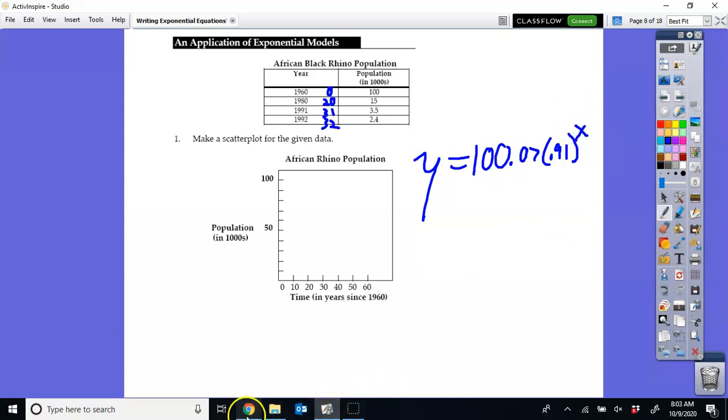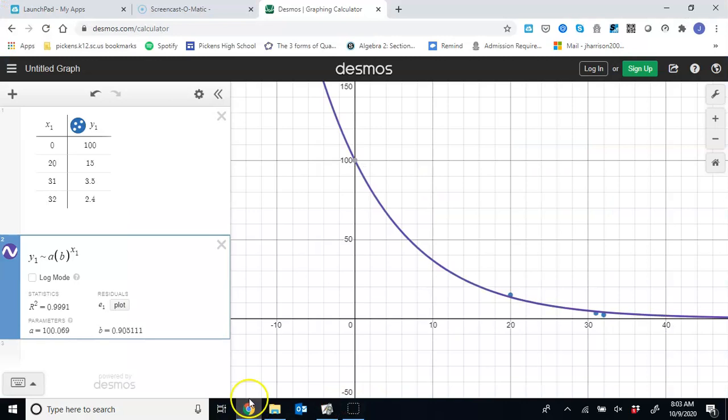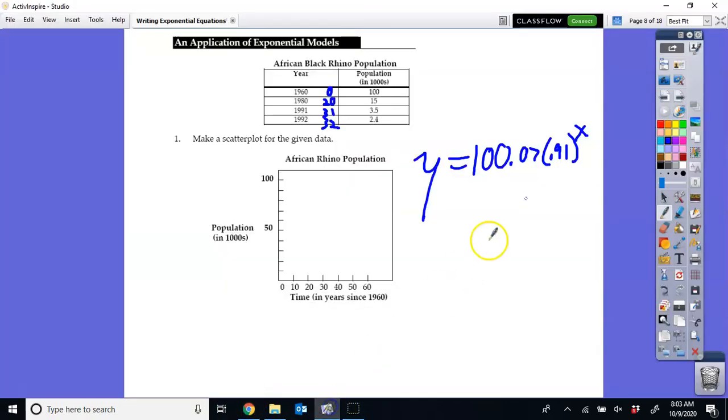Notice what that means in reference to my population. That means my population is decreasing, it's decaying, and it's 0.91. That means my rate of decrease, because it's 1 minus the rate, would actually be about 9%, because 0.91 is like subtracting 0.09. So 9% would be my decay rate here.